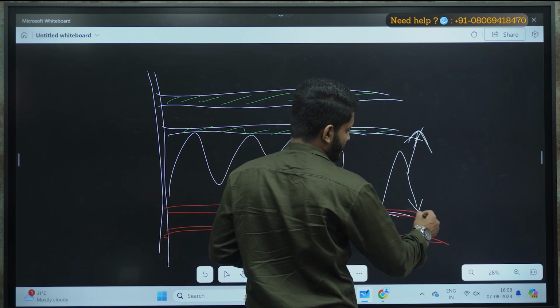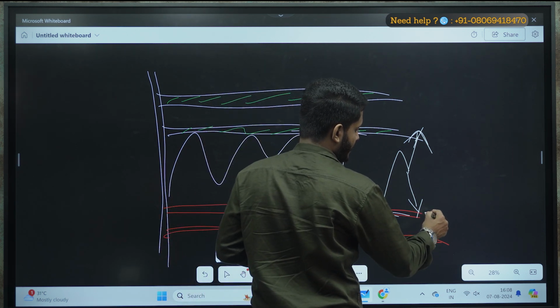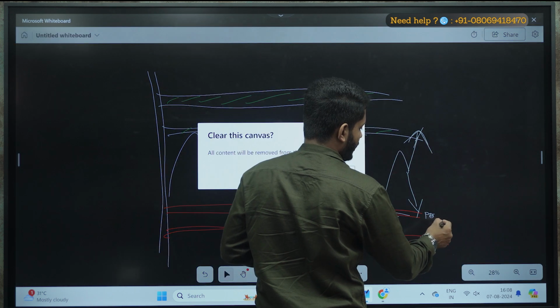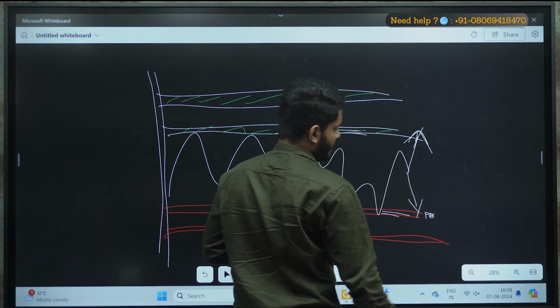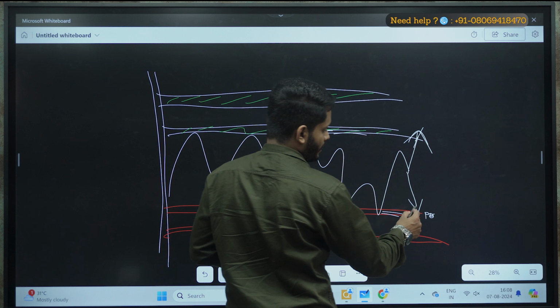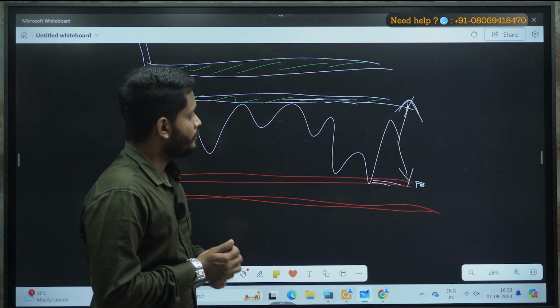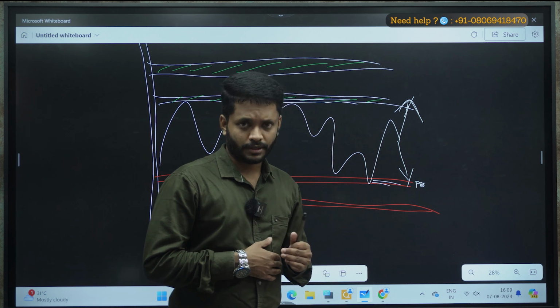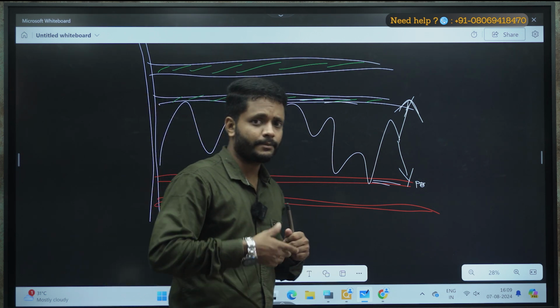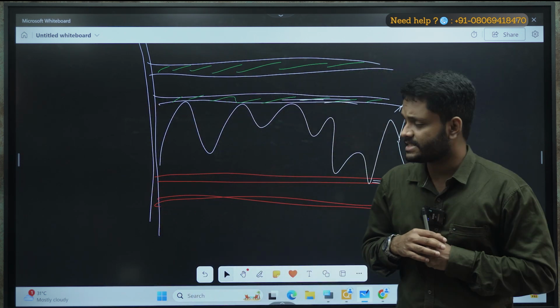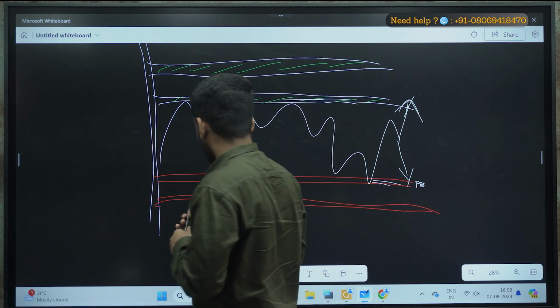If the put writers have started unwinding their positions, then the stock might go down from here. So when the stock breaks the support, we can say put writers are getting trapped. When the stock breaks its resistance, we can say call writers are getting trapped, correct?